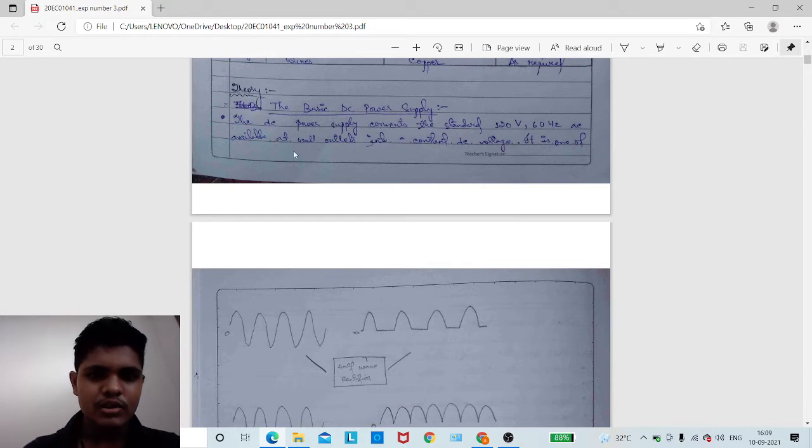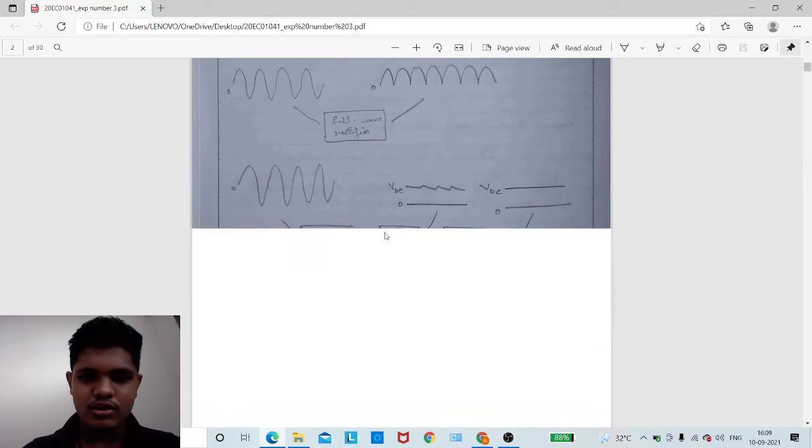Coming to the theory of the experiment, the basic DC power supply converts the standard 120 volt and 60 Hz AC available at the wall outlet into a constant DC voltage.